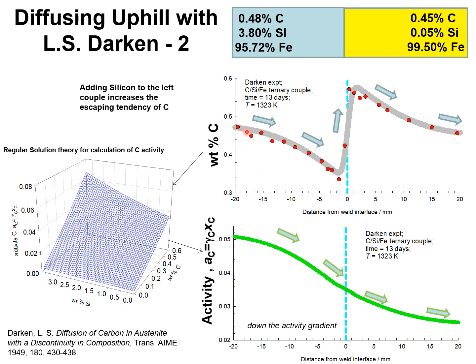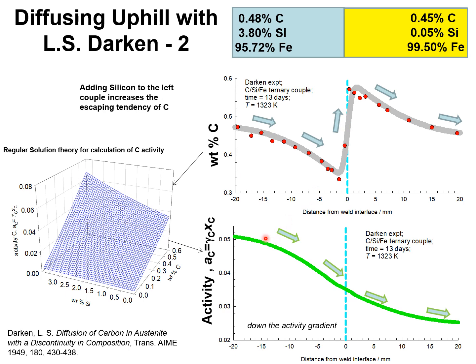If we replot the experimental data in terms of the activity against the distance from the weld interface, we note that the activity progresses monotonously from a high activity region to a low activity region and does not show any minimum or maximum.